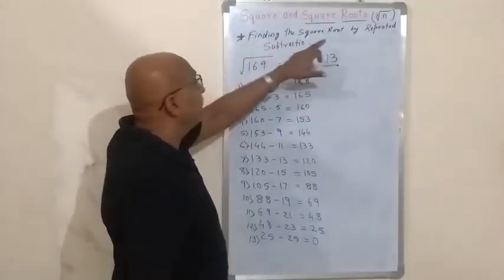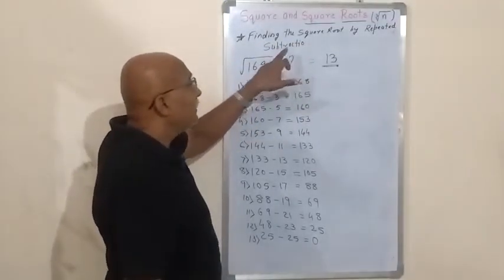So this is finding the square root by repeated subtraction.